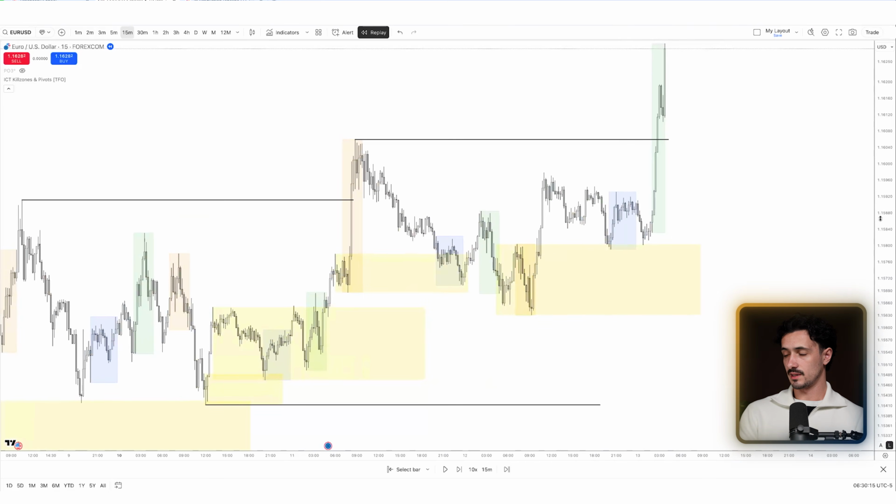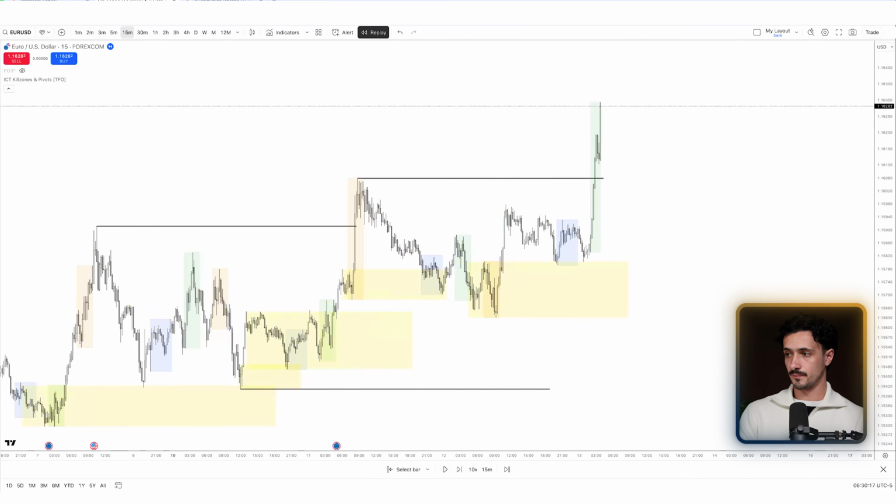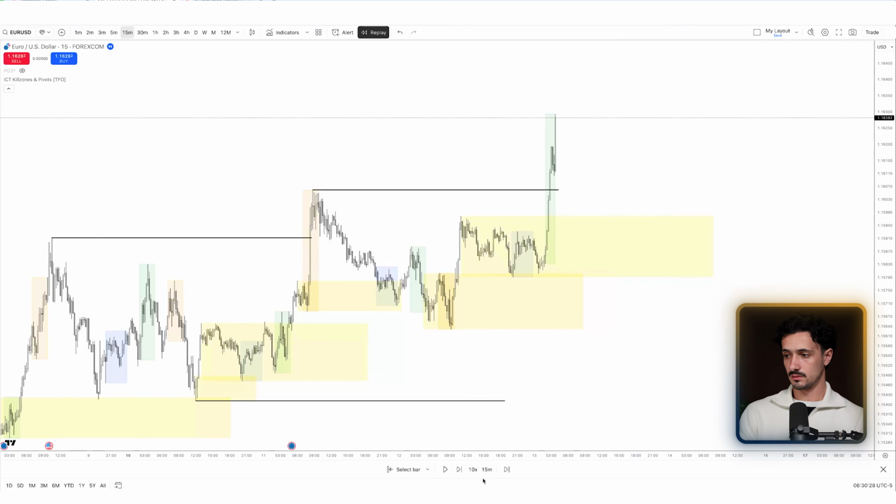And then again, we get expansion, then we get range, expansion. And so this area, once again, is like an area of demand that price is usually gravitating back towards.